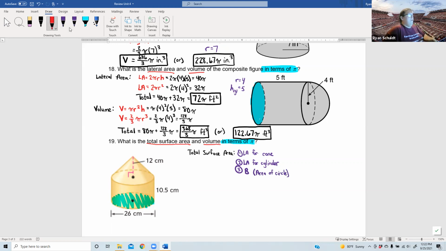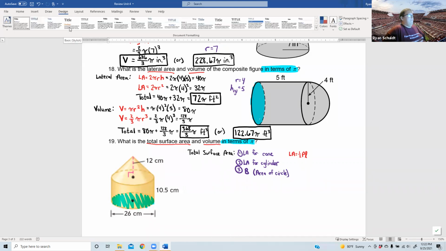So for a cone, our lateral area is 1/2 PL. Okay, we're gonna have to use the Pythagorean. Wait a minute.